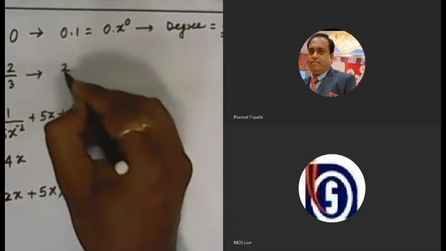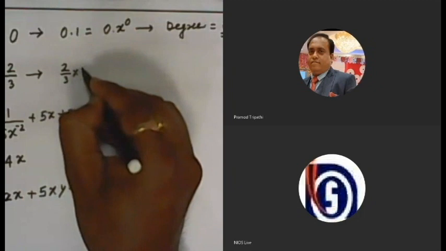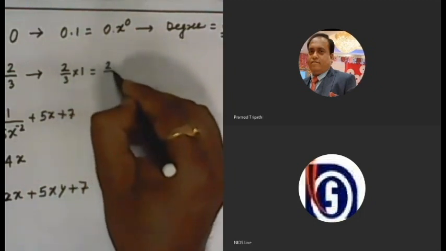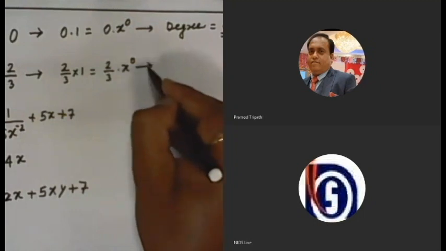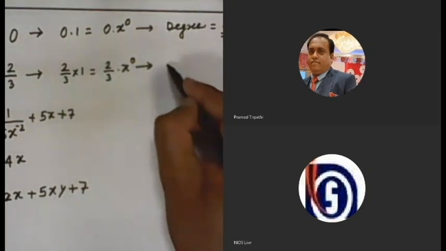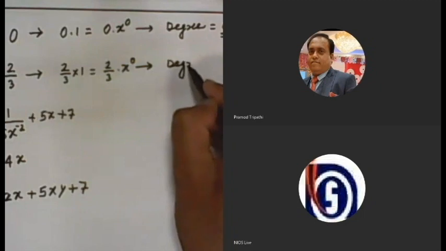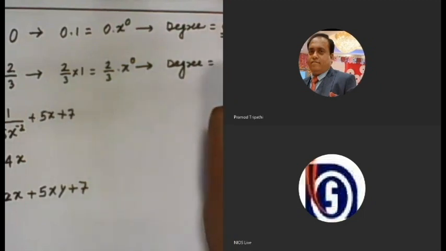2 upon 3 into x raised to the power 0, and the degree is 0.